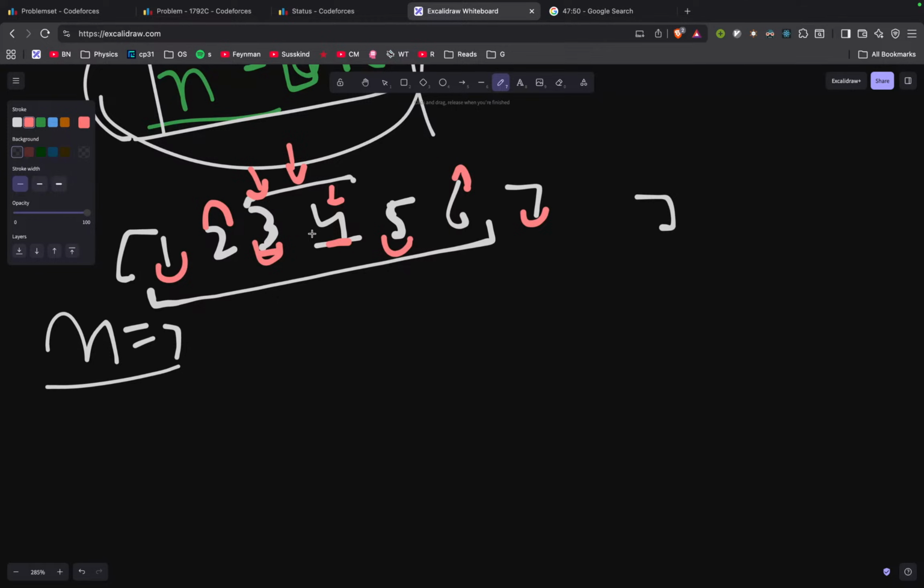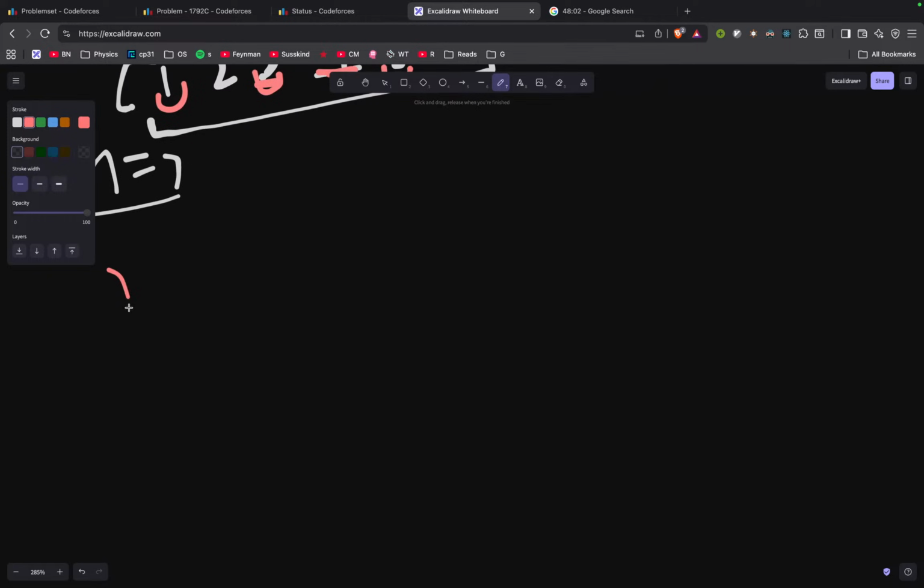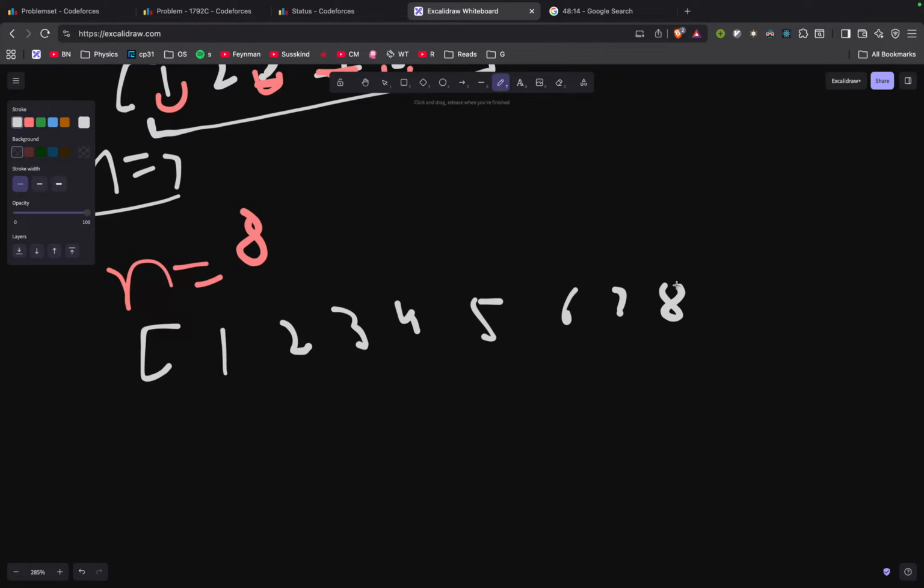When n is some even number, let's say 8, with 5, 6, 7, 8, this is the innermost pair.